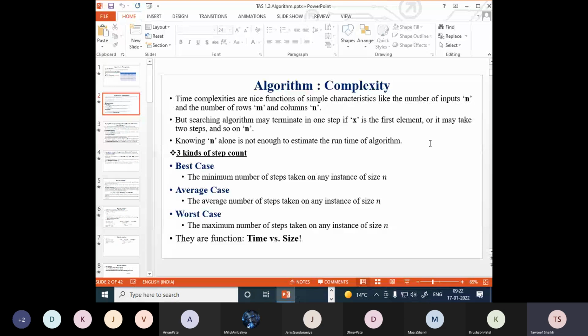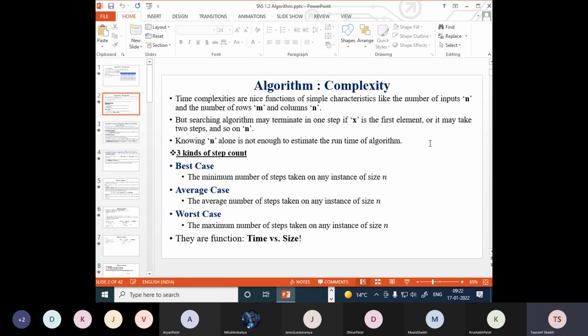If an array is given and we are searching for an element x, we compare it with the first value of the array, that is a of 0. If that a of 0 is the element we are searching for, we need only one computation, only one CPU cycle, only one program step, and so its complexity will be 1. At that time, we say it is the best case. The first element gave what we are searching for.